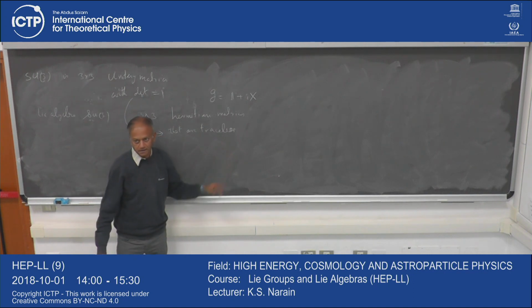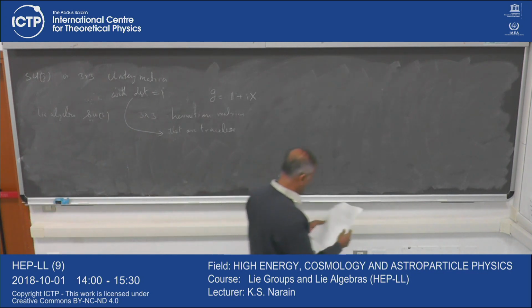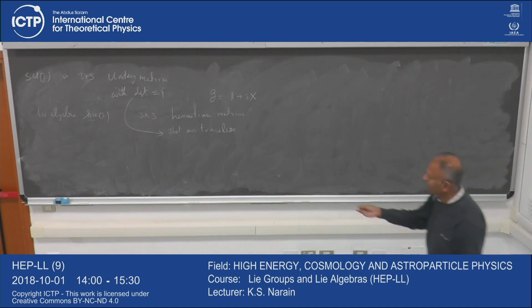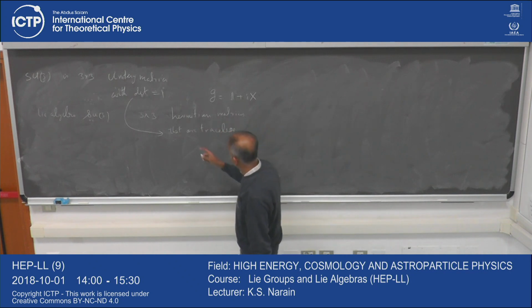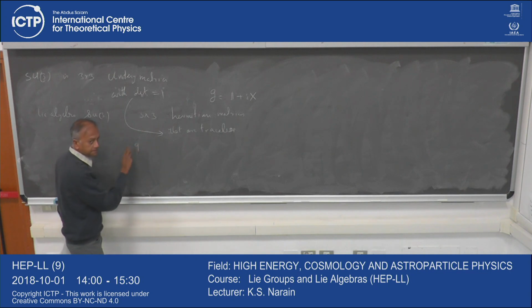Okay? So let me write down all the matrices here. First of all, let's see how many such objects there are. 3 by 3 Hermitian matrices will be 9 of them, right?